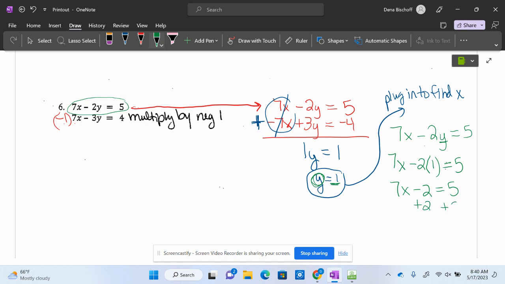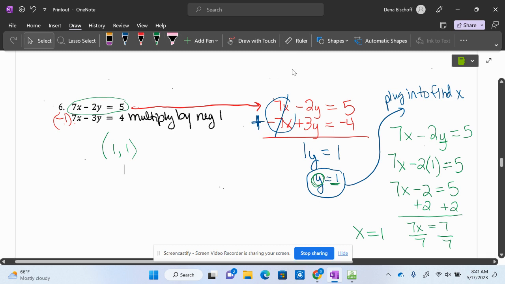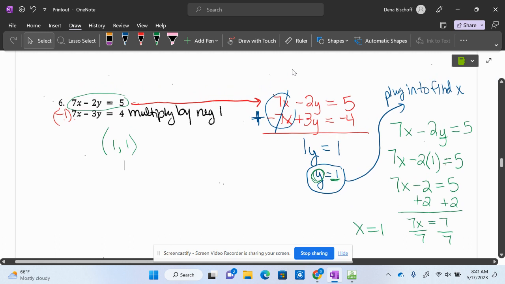Yeah, we're going to add 2 to both sides. So 7x equals 7. Divide both sides by 7, and we find out that x equals 1. So my solution is the ordered pair 1, 1.